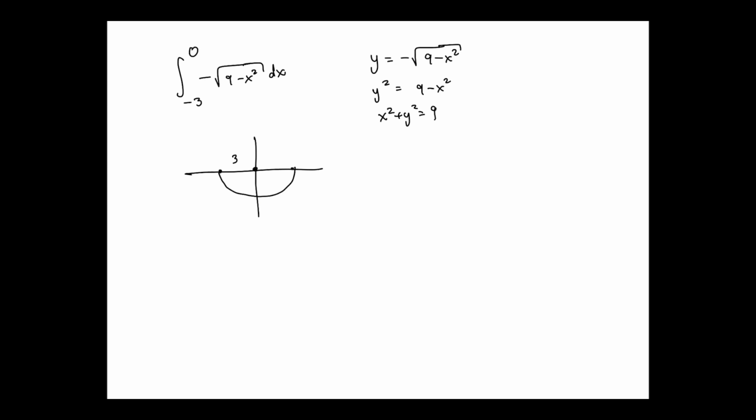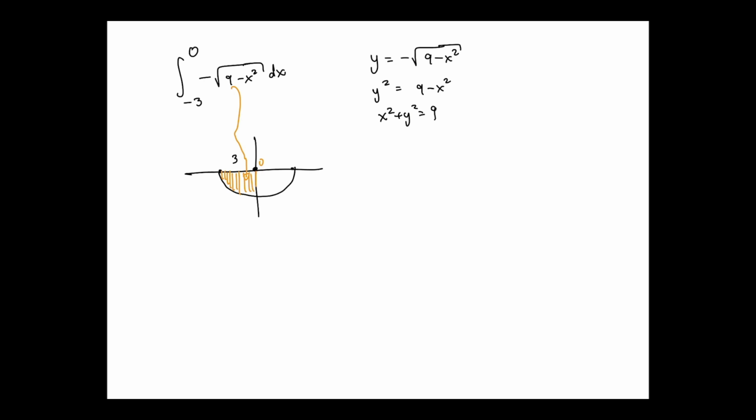It's from -3 to 0. So which part of the circle needs to be shaded in? That left quarter, because 0 is here. And so that integral represents that signed area.